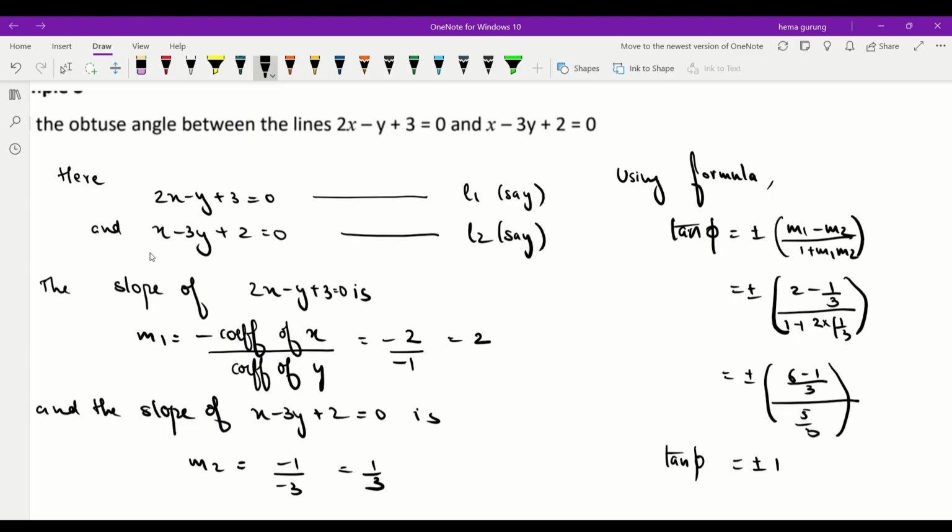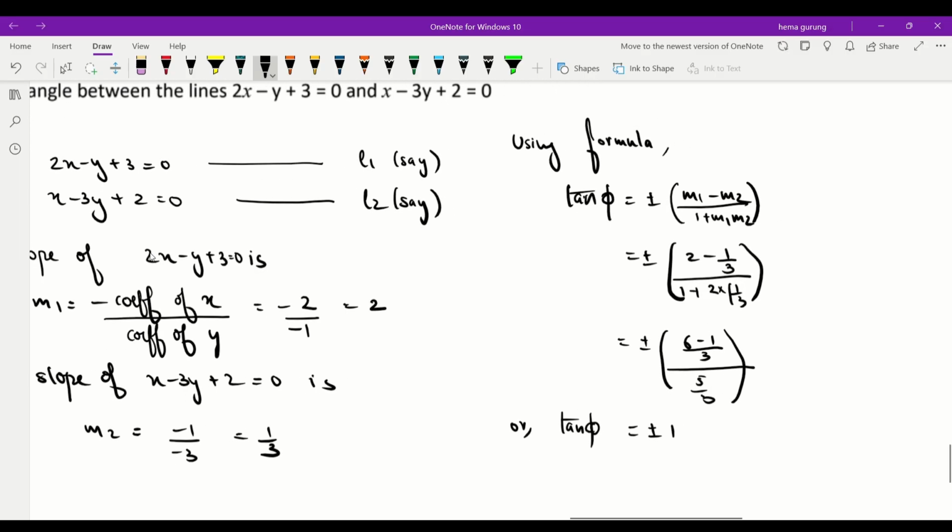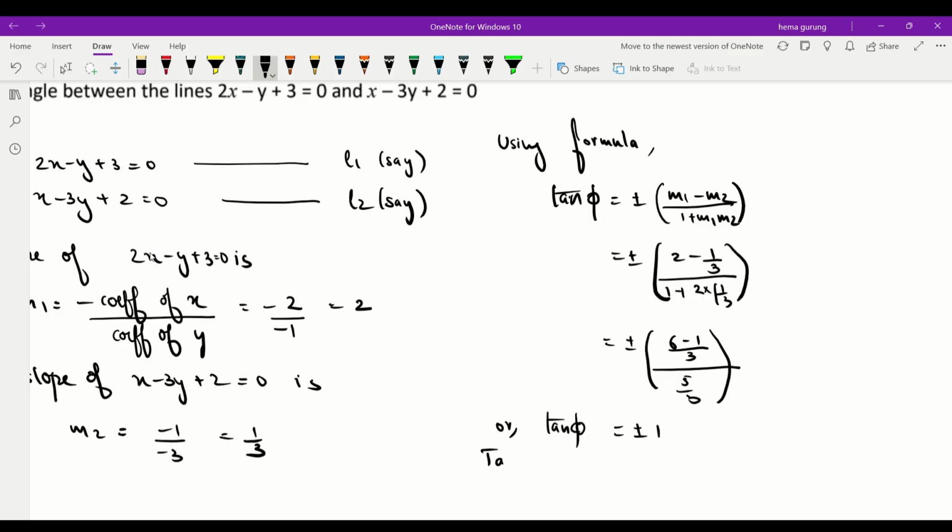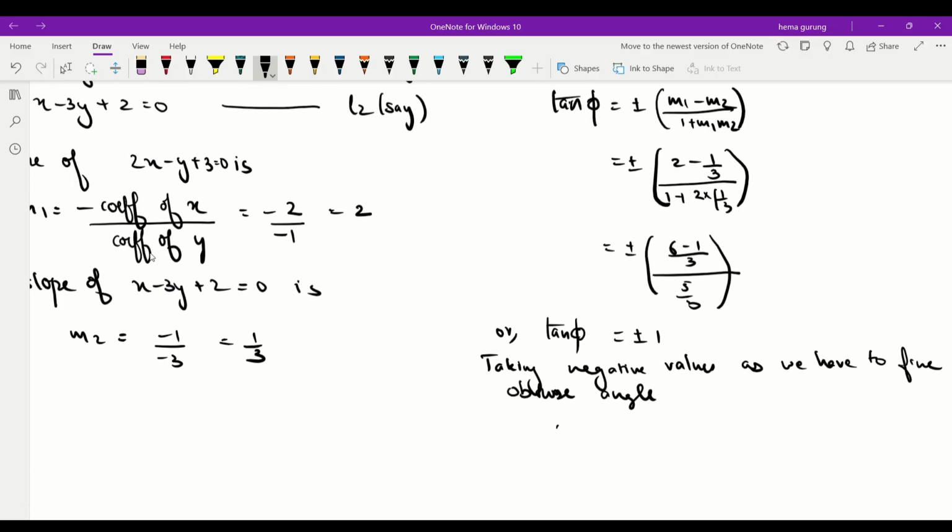But remember, we have to take only the negative value, as we have to find the obtuse angle. So I can write tan phi equals to minus 1, right?